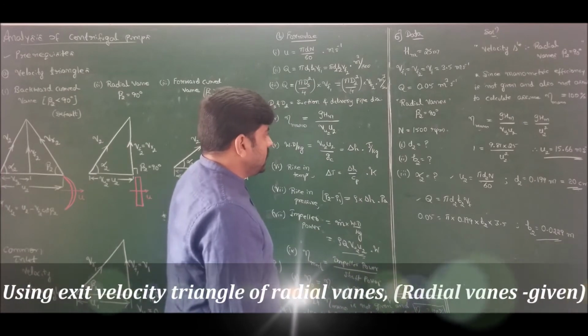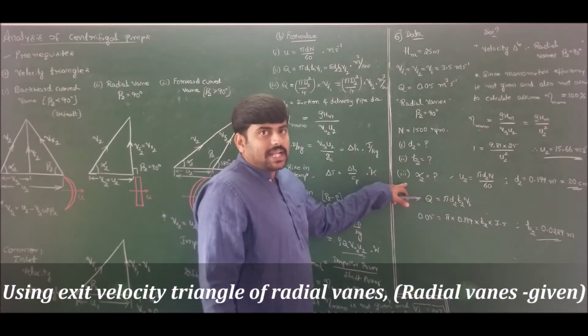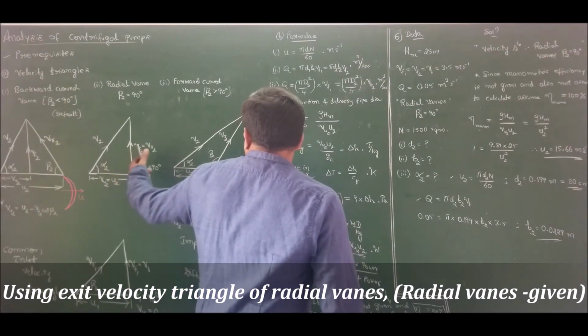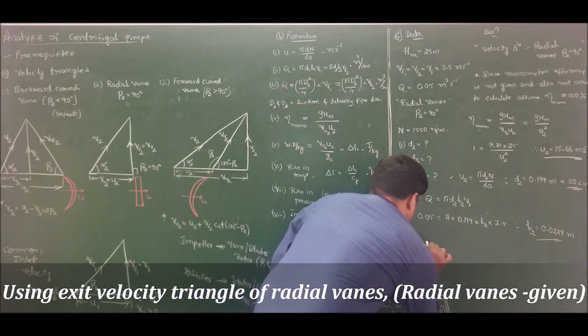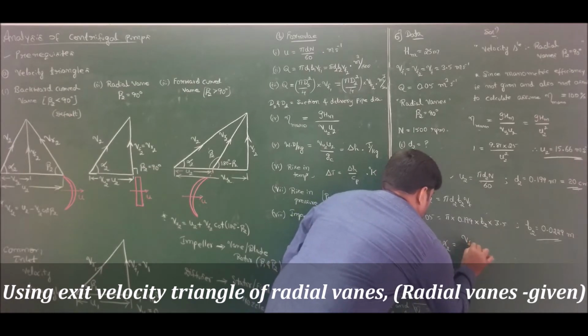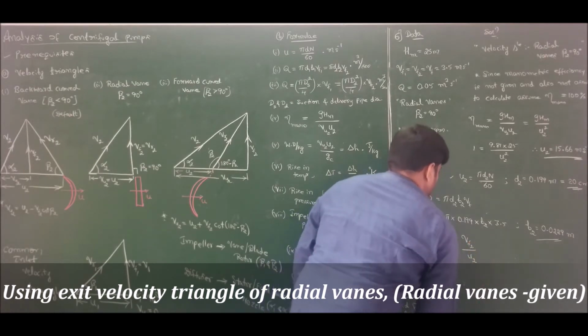Now ultimately, to find the inlet diffuser angle at impeller exit, alpha 2, just use tan alpha 2. Tan alpha 2 is equal to Vf2 by U2.